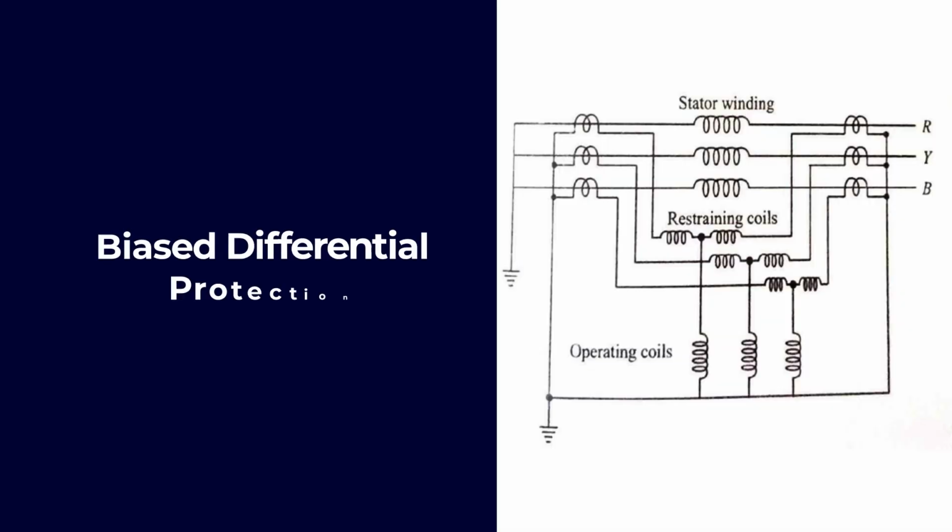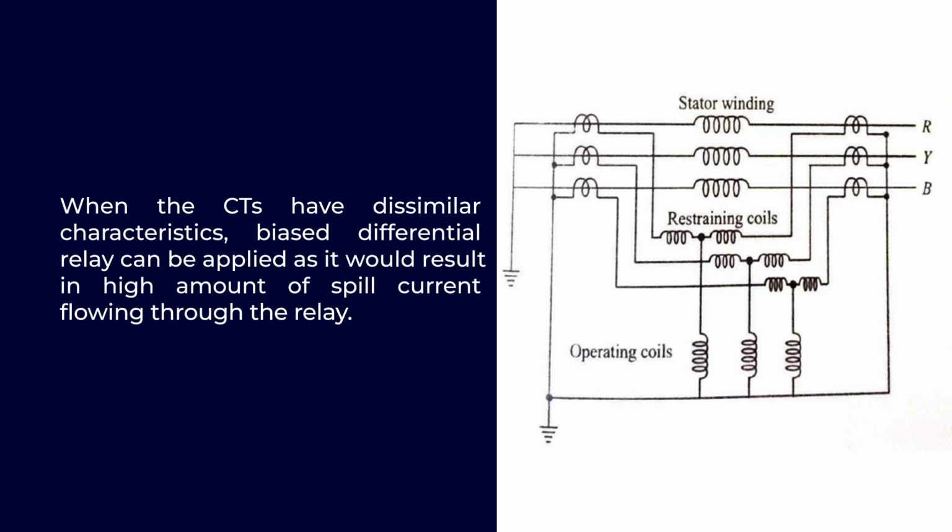We already know that due to factors like CT mismatching characteristics, we can use an improved form of differential relay, that is the biased differential protection scheme. Under that, we use a restraining coil so that it results in a high amount of spill current flowing through the relay. The figure shows the schematic arrangement of biased differential protection of a three-phase alternator.